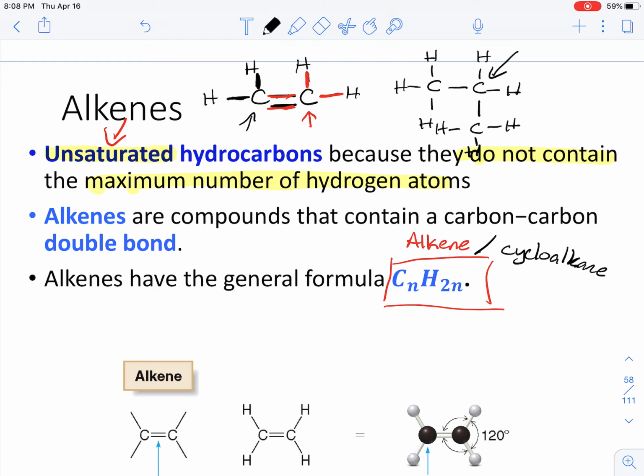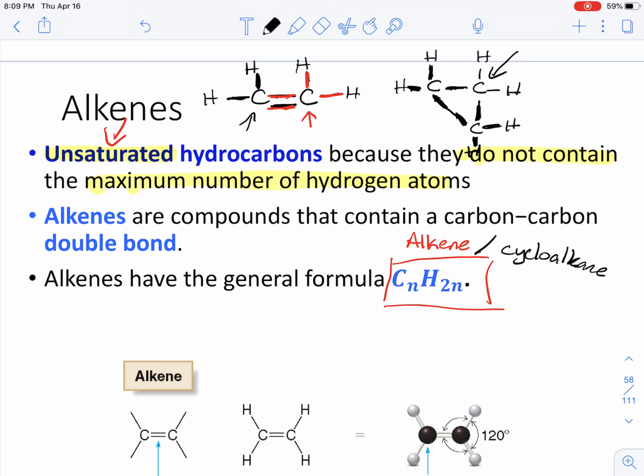Now, for you to create a cyclic alkane, you're going to remove 2 of these hydrogens and replace that with a single bond. And if you count the number of covalent bonds, we still have 1, 2, 3, 4. So that fulfills carbon's octet. And here we have 1, 2, 3, 4.